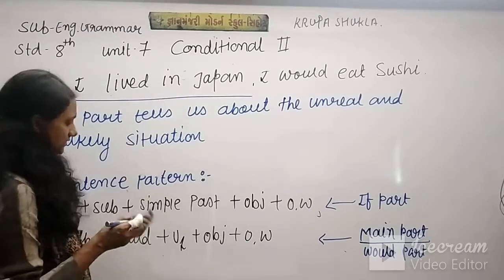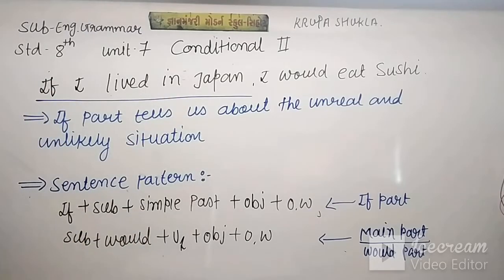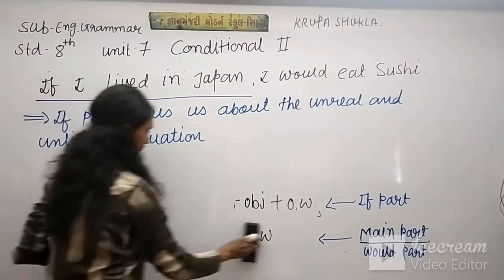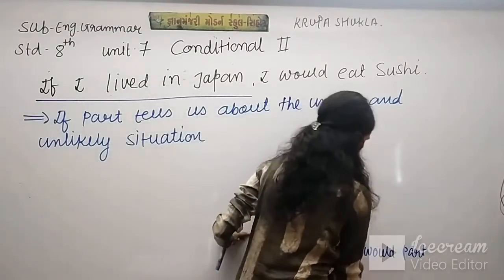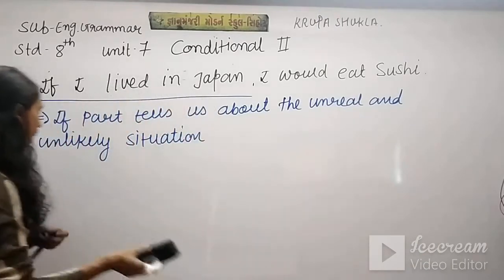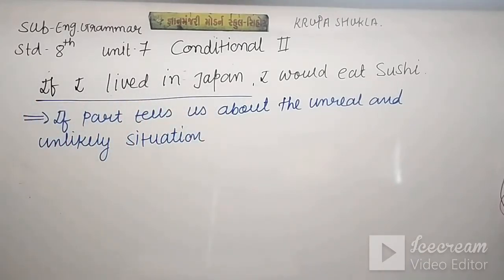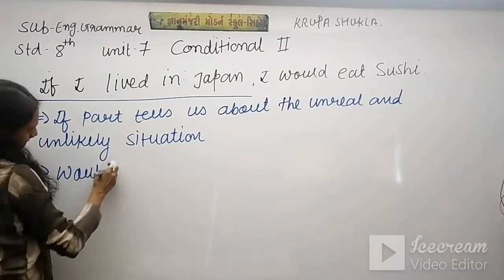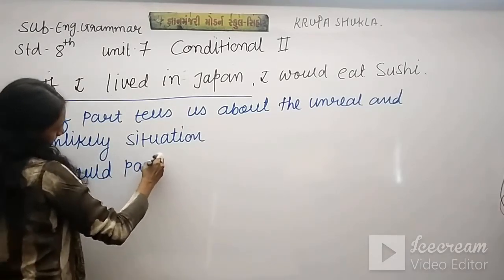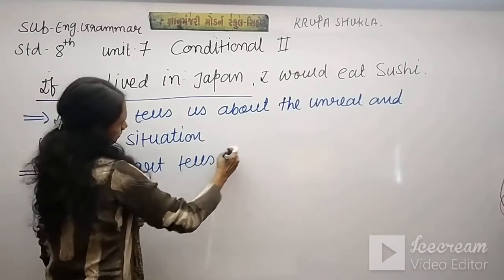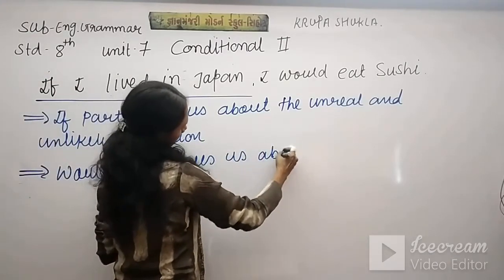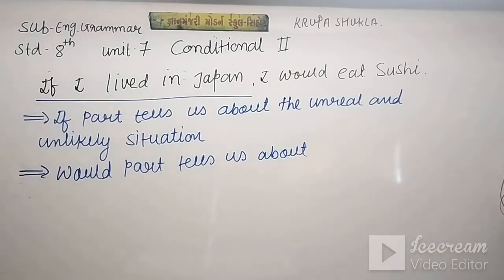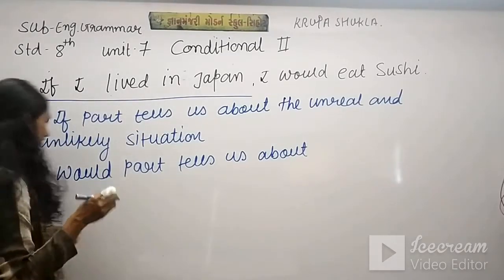So this part tells us about this. Now the second main part, and the would part tells us about the possible result of the situation.